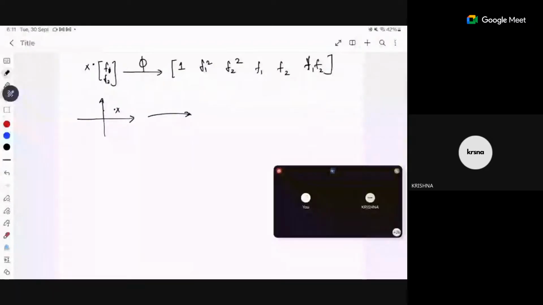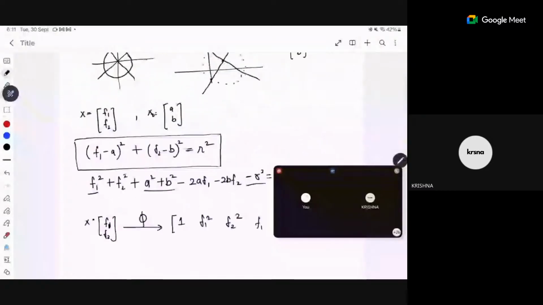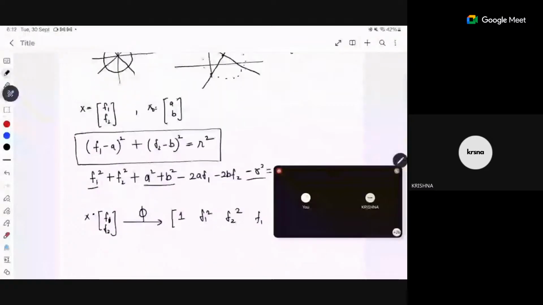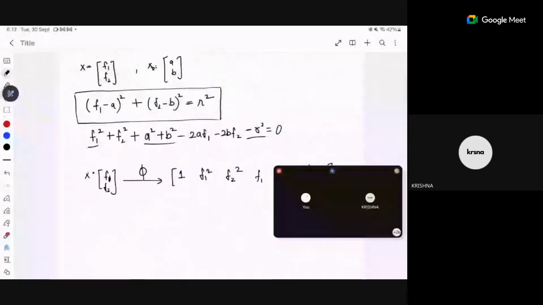Okay. So this part, right? We were doing this part. What I said is we currently have the data point in R2, and now we are mapping this to a higher dimension, right? So when we wrote the equation of the circle, this is correct. Now this can be written as this.